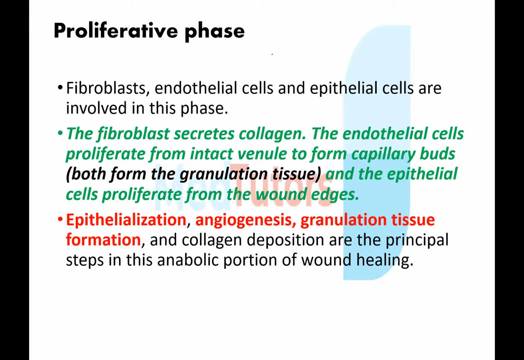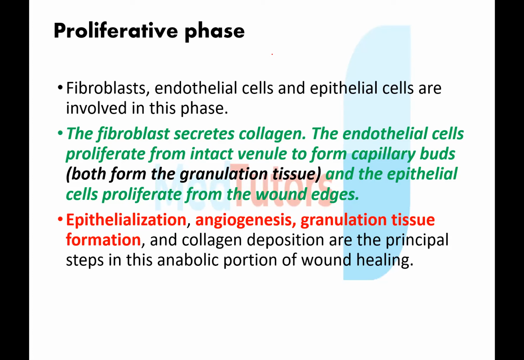Now, in the proliferative phase, the fibroblasts, endothelial cells, and epithelial cells are involved. The fibroblasts secrete collagen. The endothelial cells proliferate from intact venules to form capillary buds.